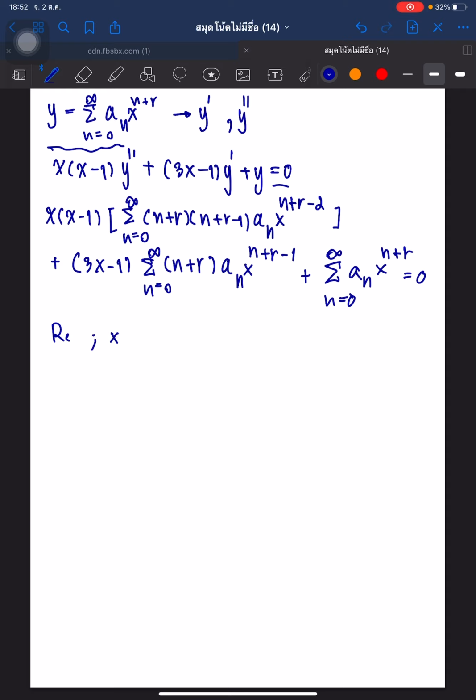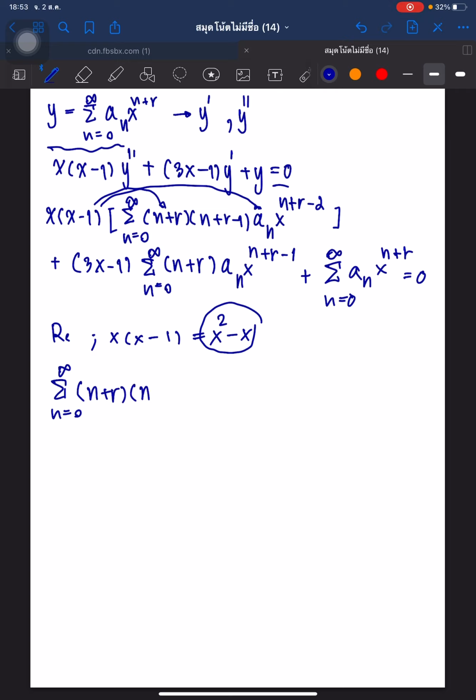We know the x term in the bracket is x squared minus x, and we push this term into the summation. We get the sum from n equals 0 to infinity of (n plus r)(n plus r minus 1) a_n x to the n plus r. Cancel the minus 2 with the x squared and x.